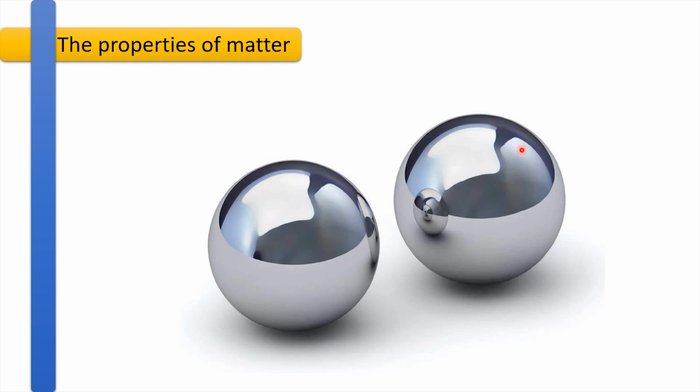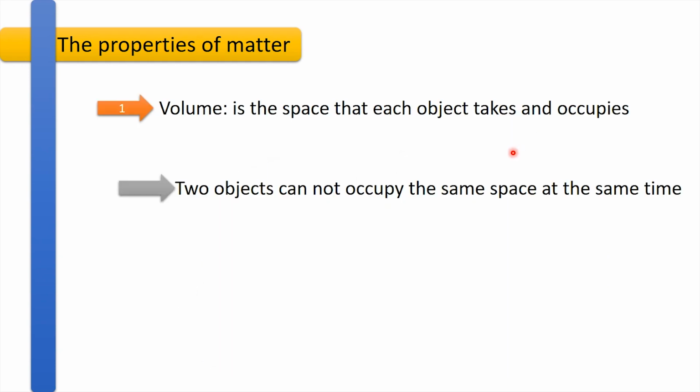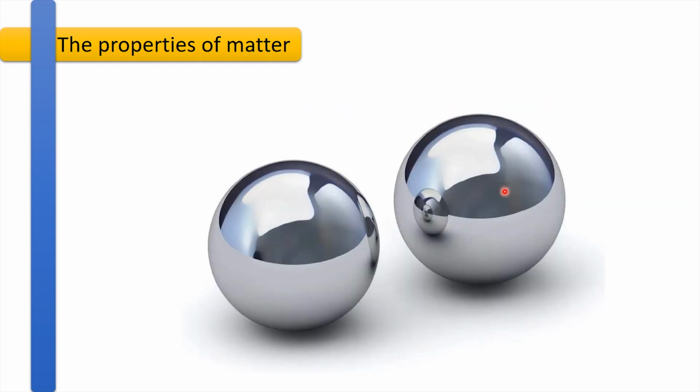So what is the volume? The volume is the space that each object takes and occupies. Okay? Two objects cannot occupy the same space at the same time. If you notice here, we cannot put these two balls in the same space.